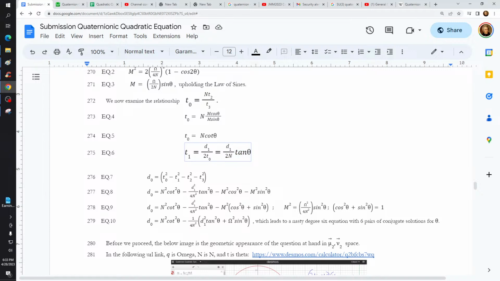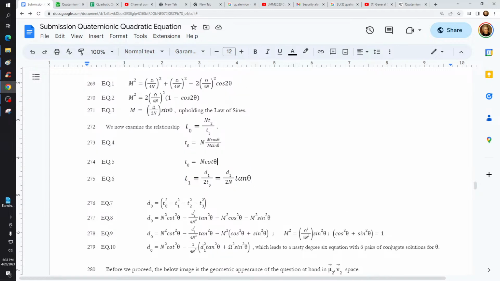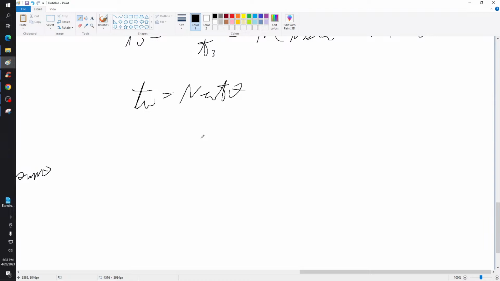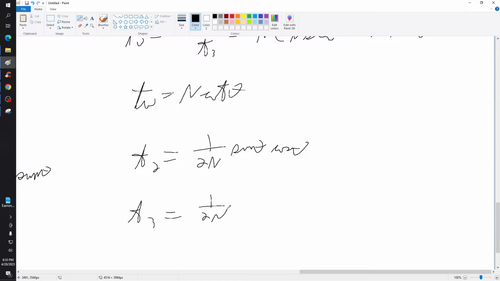So now we have a polar function for all of our coordinates. So now we have t2 equals 1 over 2n sine theta cosine theta, and t3 equals 1 over 2n sine theta, which is sine squared theta.